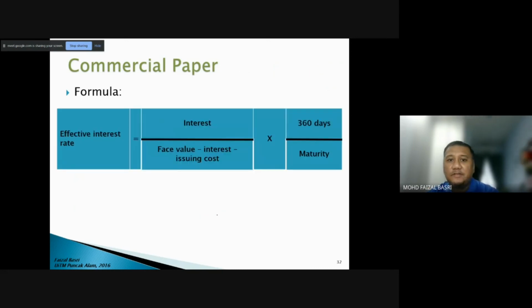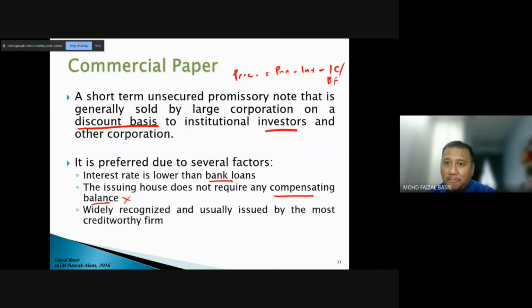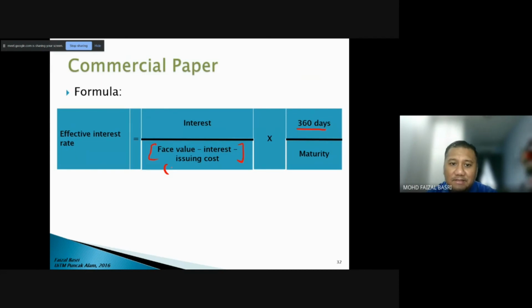So in terms of the formula, it looks a little different, they use days here. Then they have this part. If you notice what I wrote, face value minus interest minus issuing cost, that is principal minus interest minus issuing cost, this is proceeds. So technically, this is proceeds.